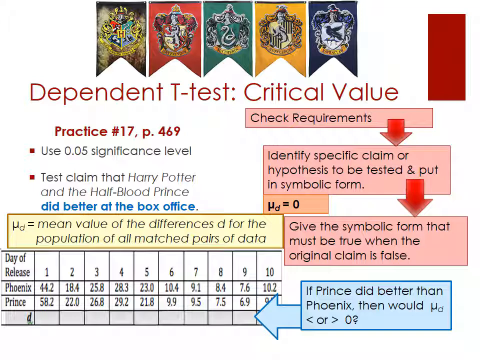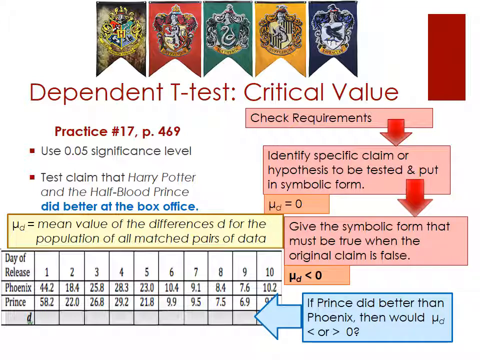So you can't be swapping them back and forth here. If the Half-Blood Prince did better than the Phoenix across the board, would mu D be less than 0, i.e. negatives, or greater than 0? Well, it's going to be less than 0, because all of these would be negatives at the bottom, just like we saw with the one example that was negative 14. So there are two different claims specified.